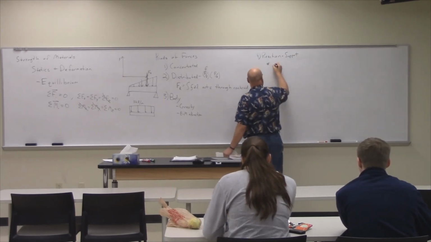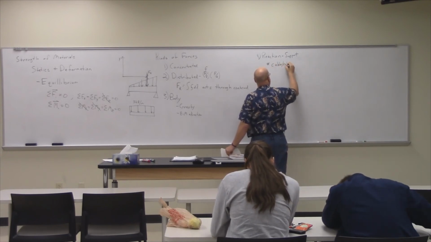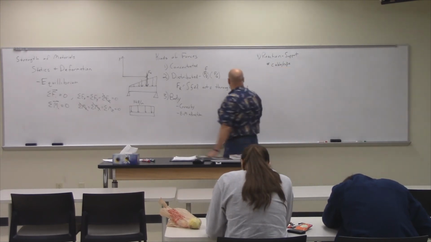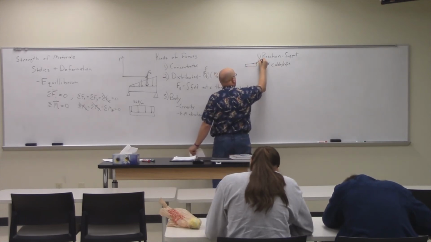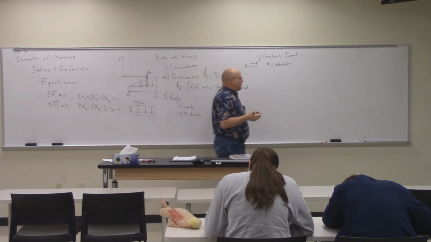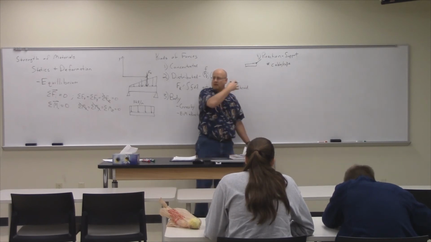So there could be a cable or a rope attached to the end of the beam. So I've got my beam here, and I have a cable attached to the end. A cable or a rope generates how many variables?